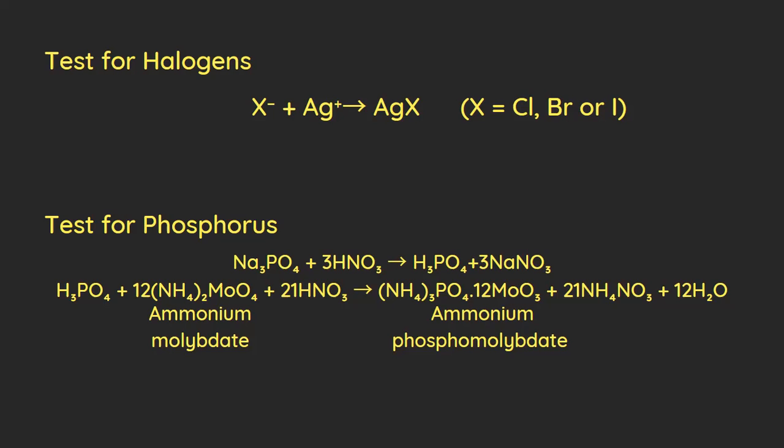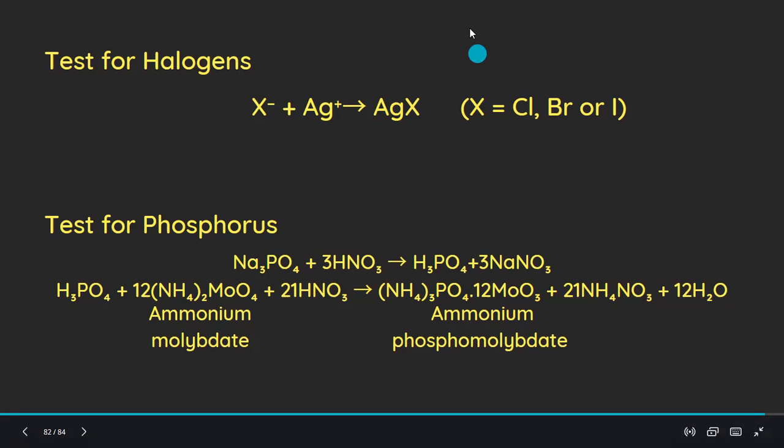But that's not what you're learning now. We just had a basic understanding of the presence of various elements like nitrogen, sulfur, halogens, as well as phosphorus, and the presence of carbon and hydrogen, which is the case in all organic compounds. So with that, we're done with the qualitative analysis. In the next video, we'll be discussing the quantitative analysis.